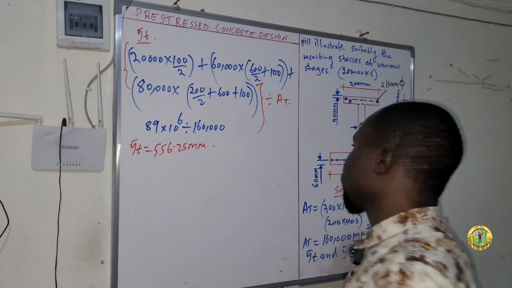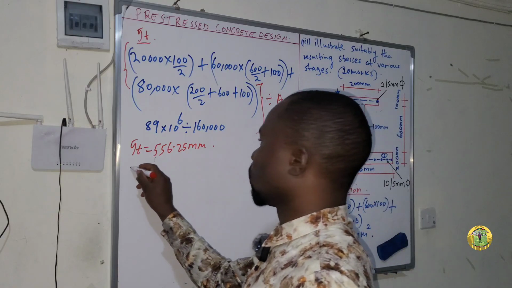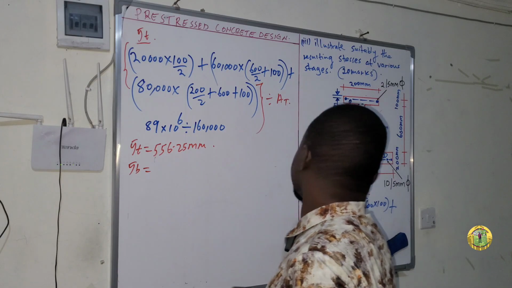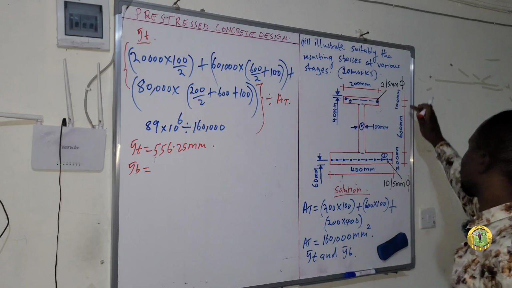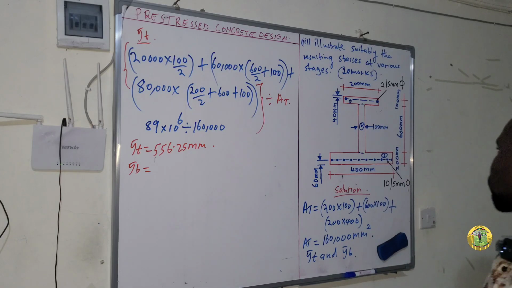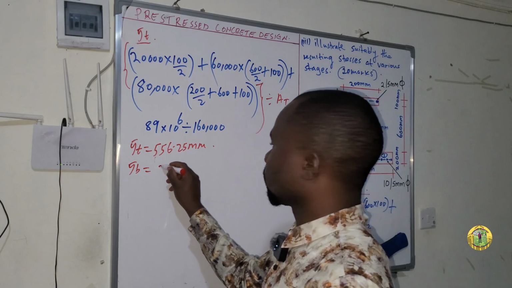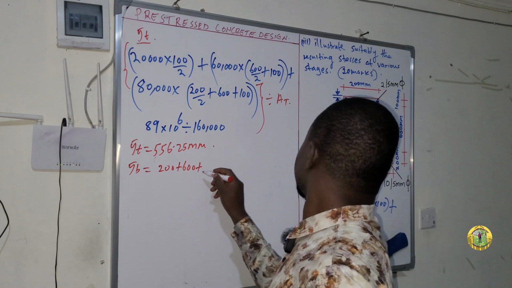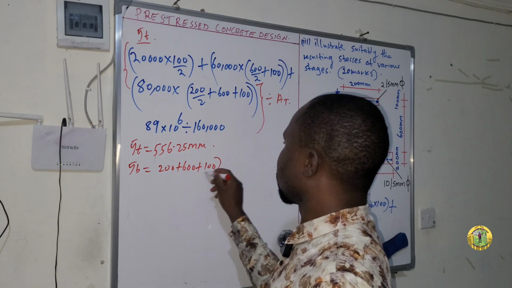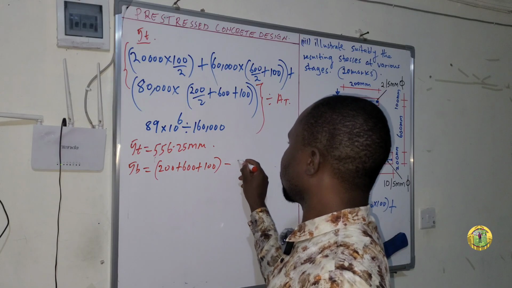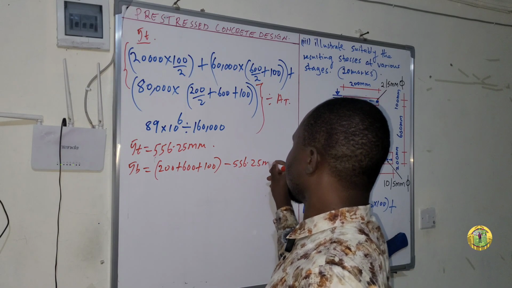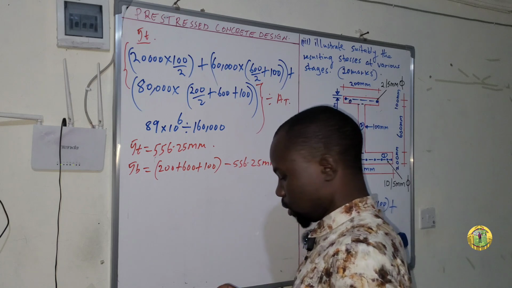millimeters. Now to get the y bar bottom, you take the total depth. So that is 200 plus 600 plus 100, then minus 556.25 millimeters.